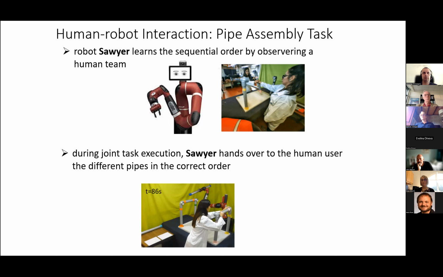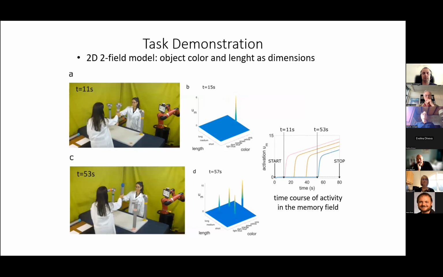That is our challenge. If we can, we can stabilize bumps with different strengths. The idea is that during observation, you see the manipulation of the different objects, which are specified by color and length, a two-dimensional representation. Here are different snapshots, at 11 seconds, 53 seconds, and so on in the real experiments. There's a handing over of different objects.